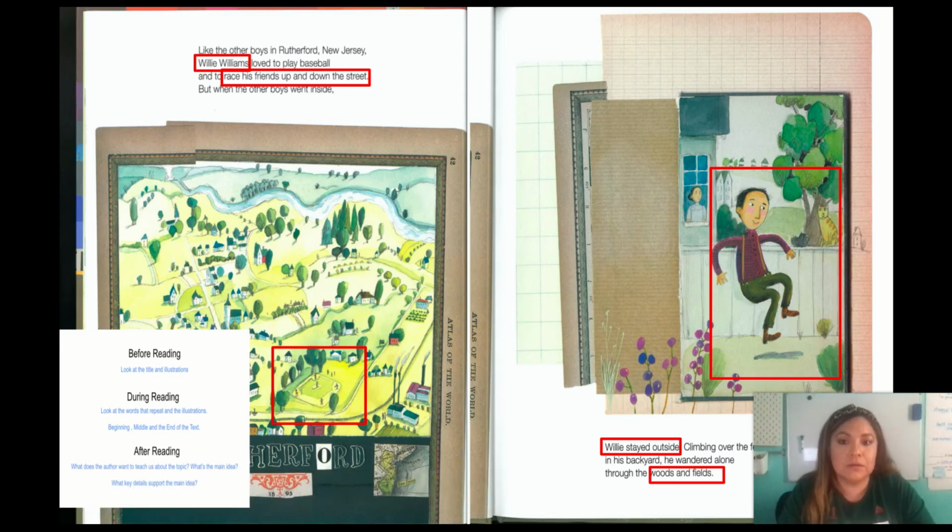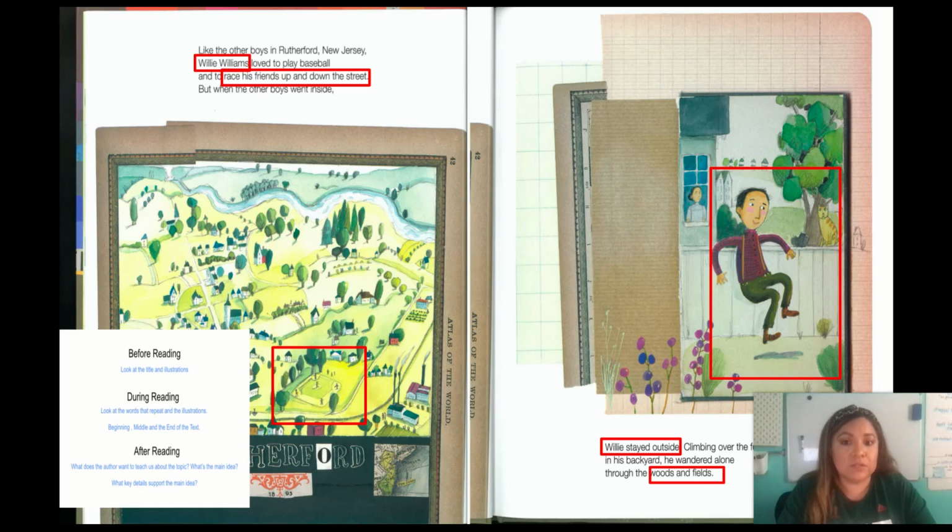Let's see if we can find a second key detail. Let's read the middle of our paragraph. But when the other boys went inside, Willie played outside. Hmm. So I am looking for another key detail that supports the main idea that Willie loves nature. And I see that when other boys went inside, he stayed outside. So that tells me that he must really love being outside.